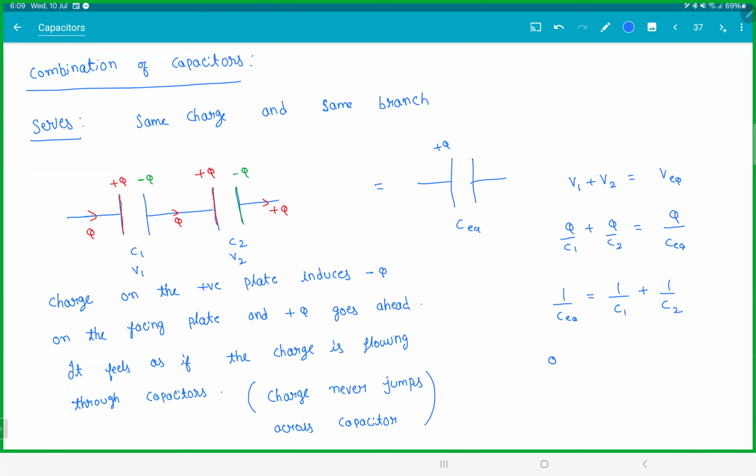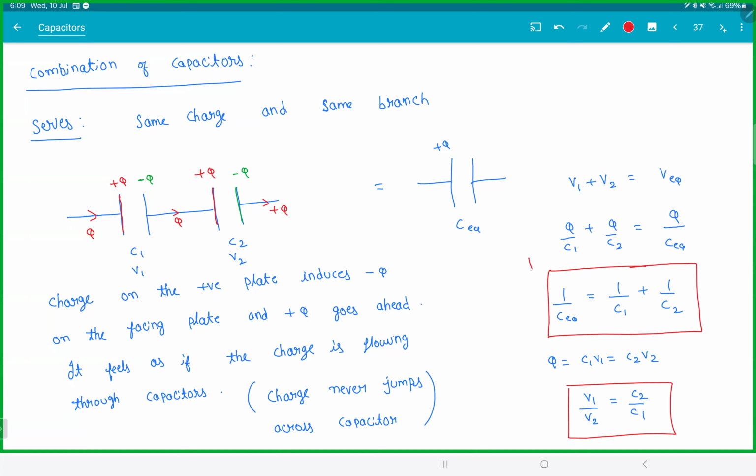And since both of them have the same charge, Q is equal to C1 V1 equals C2 V2. So the potential will divide in the ratio of inverse capacitances. So in series, this is the formula, and this is the relation between the potential differences. V1 and V2 are potential differences across the capacitors. There, have a look at this.